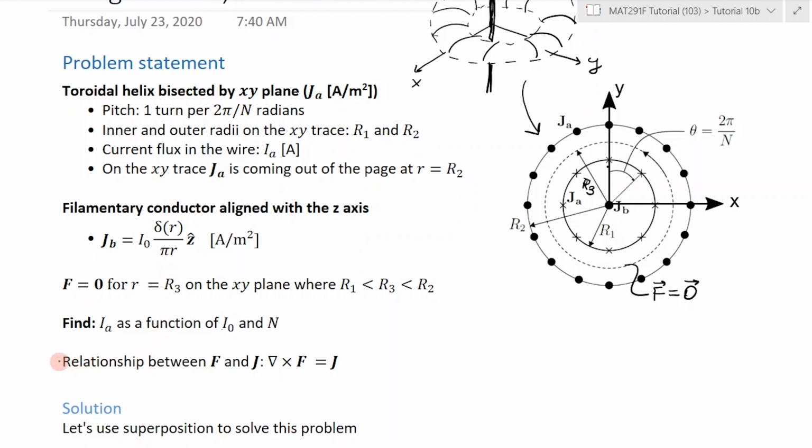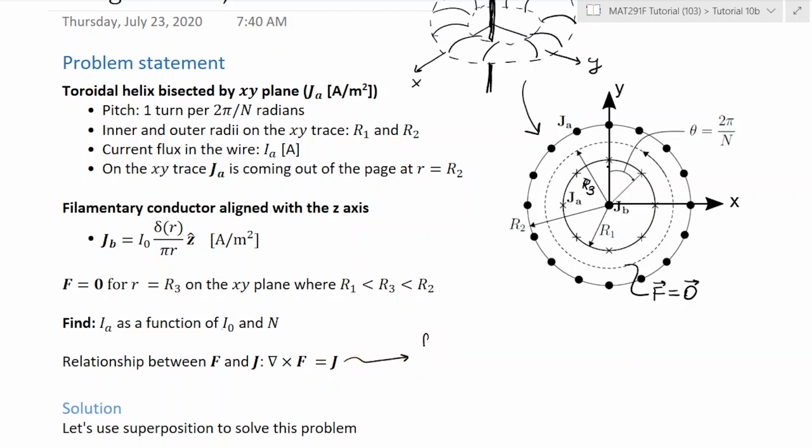And then you're also told that the relationship between the field and the current density is given by this. So curl of F equals J. This is some physics law, which really looks like Ampere's law, describing this field. Now, we don't want to use this form. We would want to use Stokes' theorem.